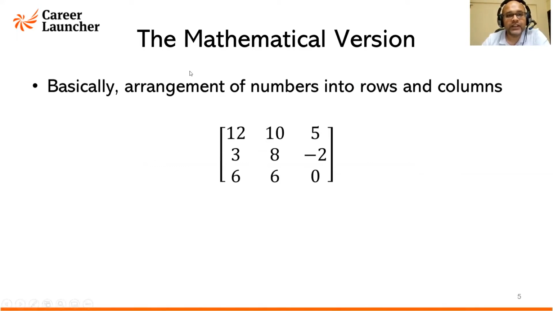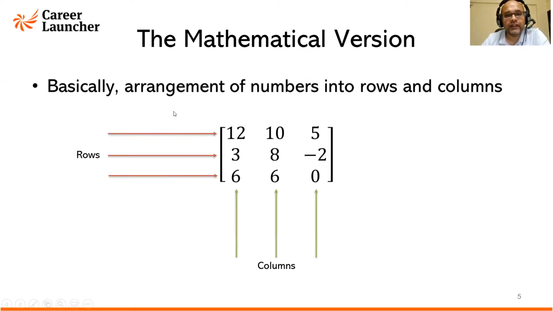If you notice, a set of numbers written in neat rows and columns, enclosed in a square bracket, as you can see, is called a matrix. The horizontal lines are the rows. The vertical lines are the columns, right?